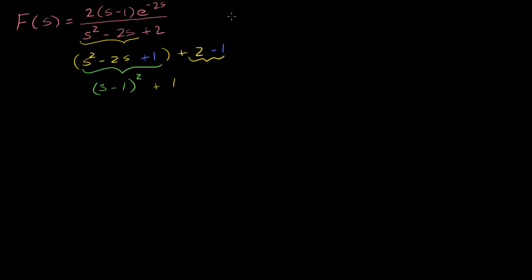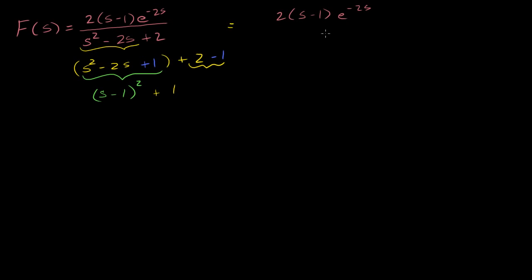So I can rewrite my entire expression now as 2 times s minus 1 times e to the minus 2s, all of that over s minus 1 squared plus 1. So a couple of interesting things are starting to happen here.